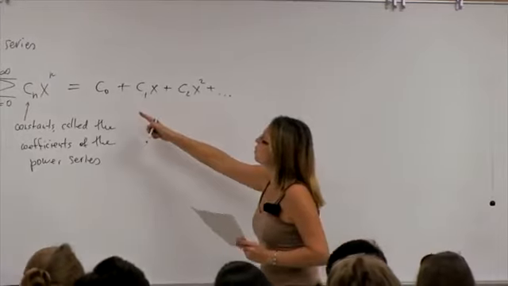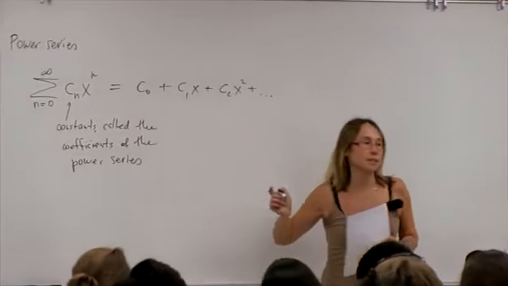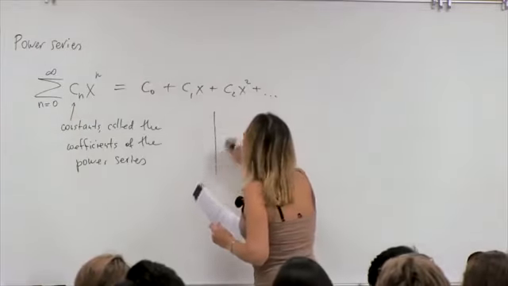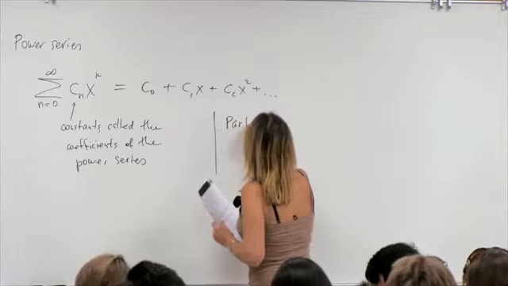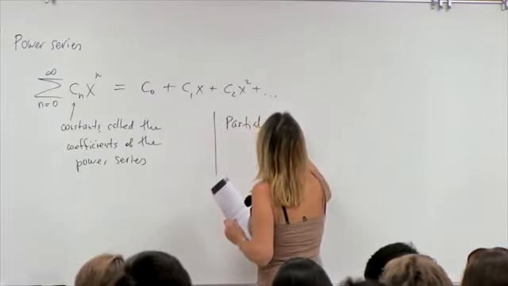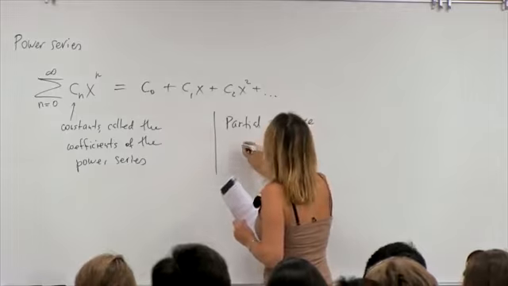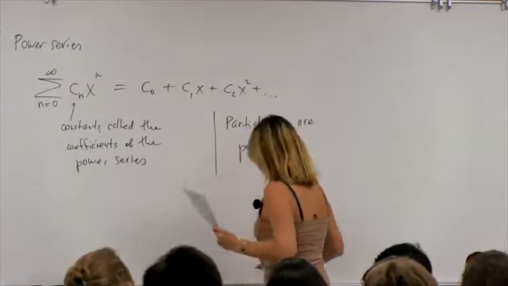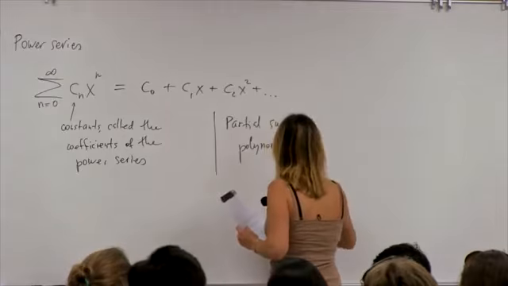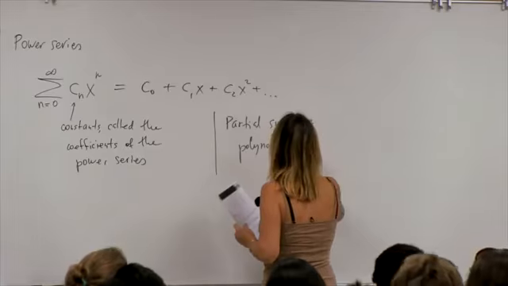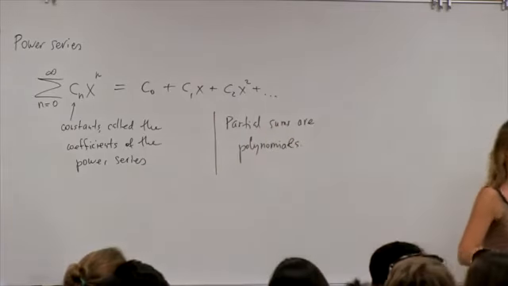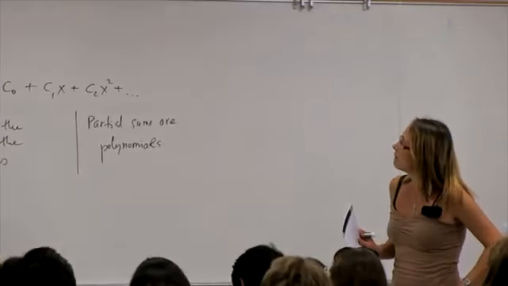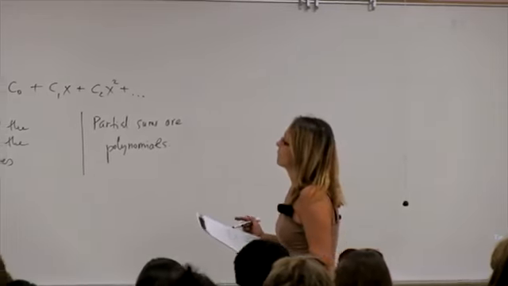First of all, you notice that this is a function of x, and in fact, partial sums are polynomials. Right? Because they contain different powers of x. Question? So is the c there the same in each member of the power series, or is it different?